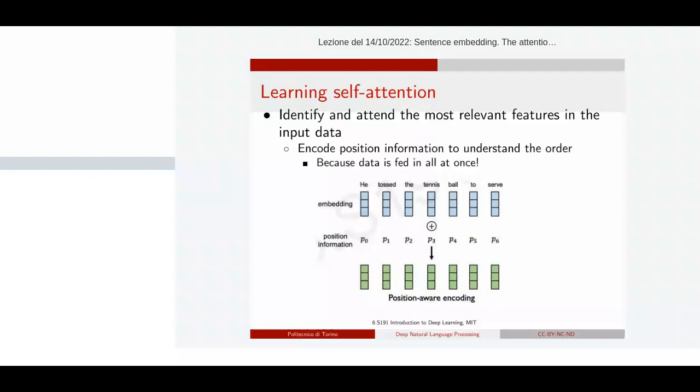You provide data sequentially, one word after the other. This is also computationally intensive, because you need to do several sequential iterations, so the computational time and resources are higher, because it's not inherently parallelizable.